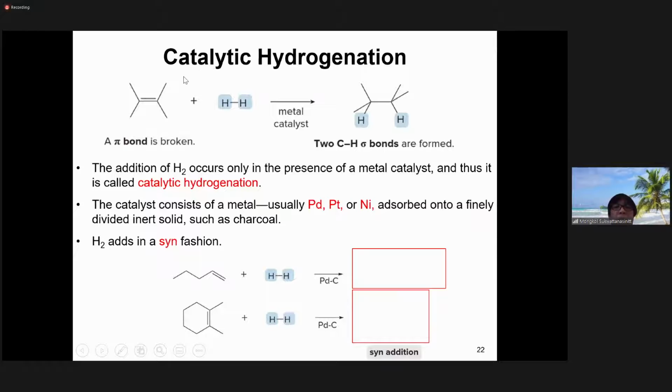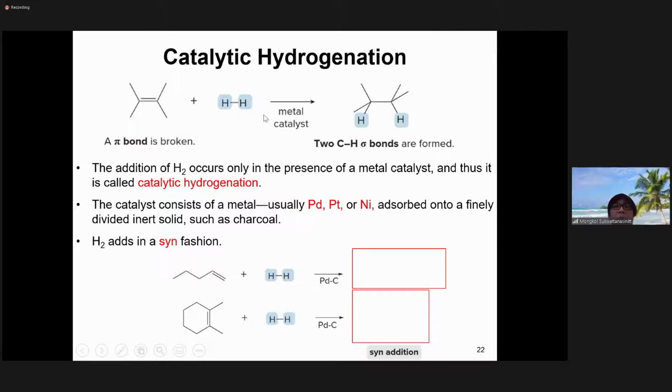Here, the first reaction is hydrogenation. Hydrogenation usually requires a catalyst, so we call it catalytic hydrogenation. The hydrogen molecule itself cannot add directly onto alkene.